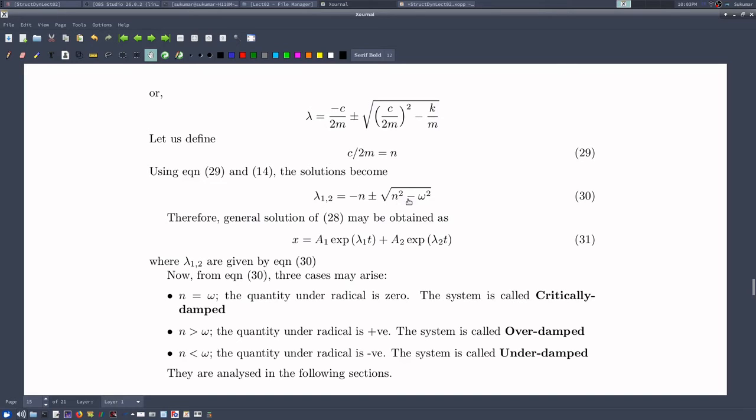When n becomes equal to omega, you can see that both the roots are equal, and therefore what I will have ultimately is x equal to some constant, say a, e to the power minus n t, right? Because I have two terms like this, so a1 plus a2 will be there, which is a new constant a.